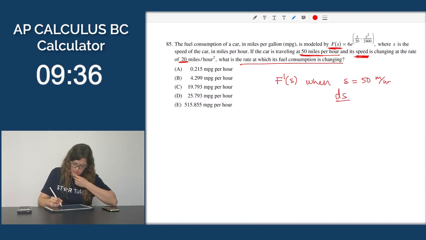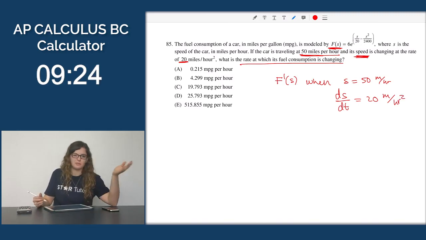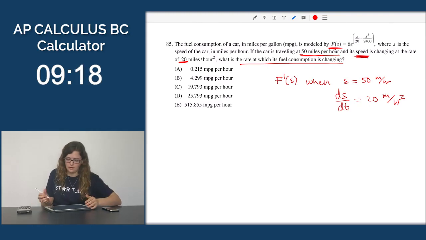That means like the ds dt, oh, see, they're tricky with this language here, 20 miles per hour squared. I think what I said before about speed and velocity is not actually going to be relevant in this problem, but in other problems it often is.